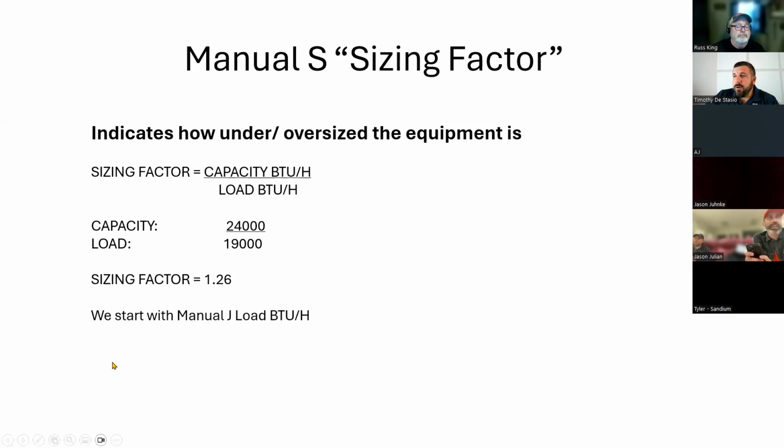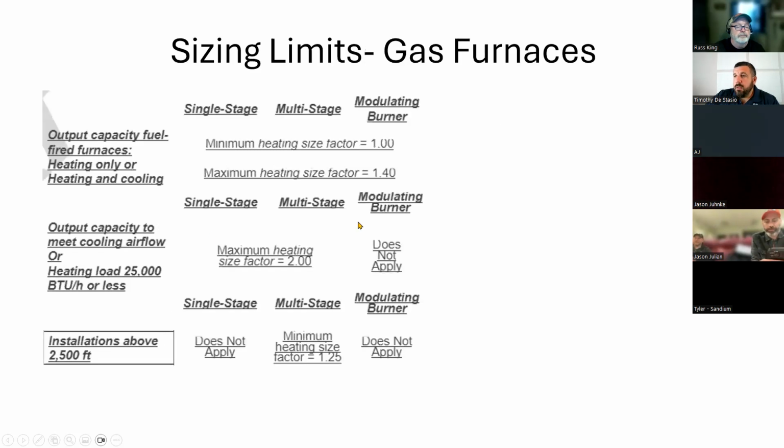But we start off with a Manual J load, and we don't always know what kind of equipment we're going to be putting in there when we get the load. So wouldn't it be nice if we could apply our sizing factor to our load and get what Manual S calls a sizing limit? This is the biggest unit we could put in. That means we take our load times our sizing factor. And if our unit capacity is bigger than this number, then it's too big.